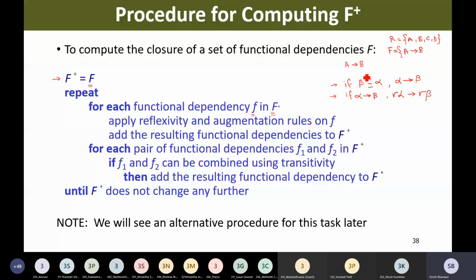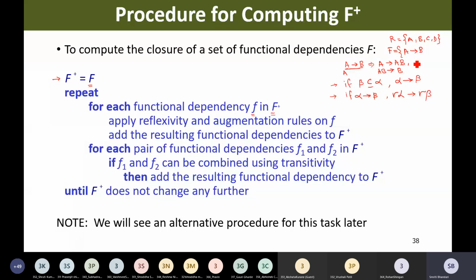If we augment A to both sides of this functional dependency, we get A to AB, and then AB determines B. Are you getting me?